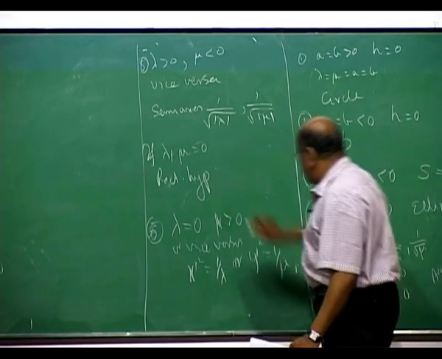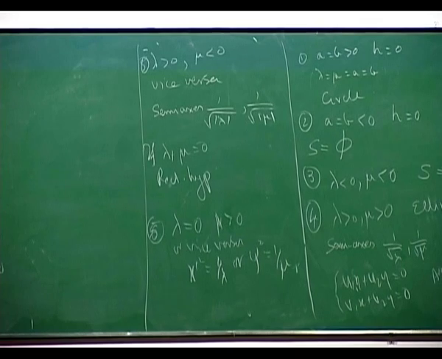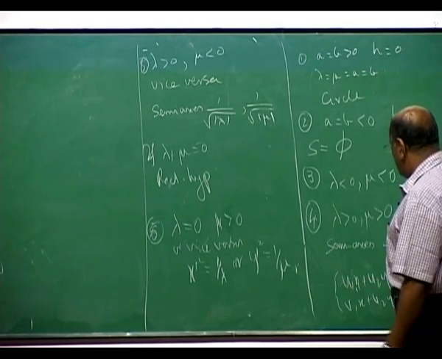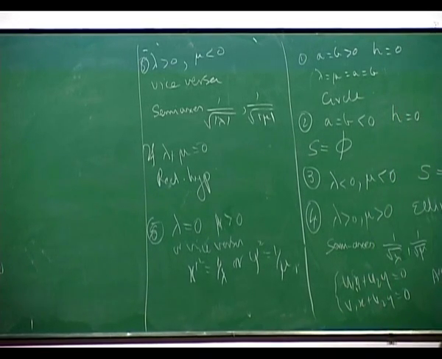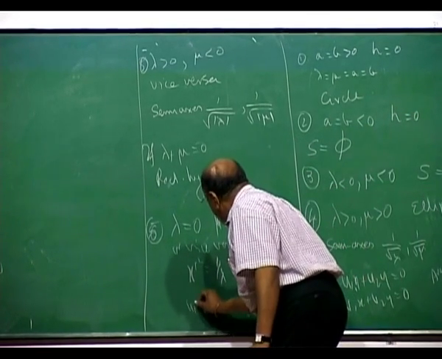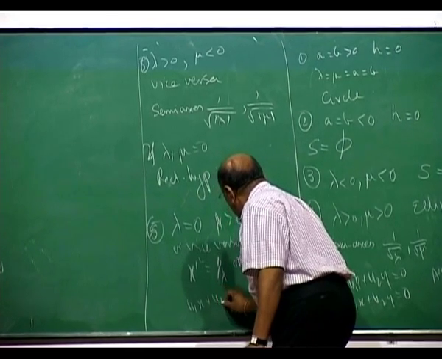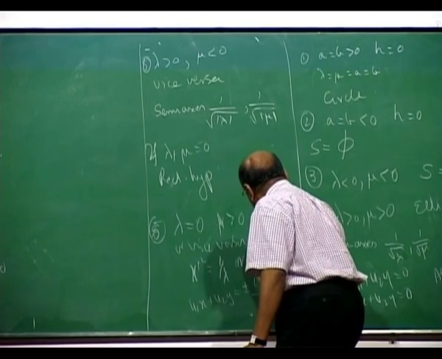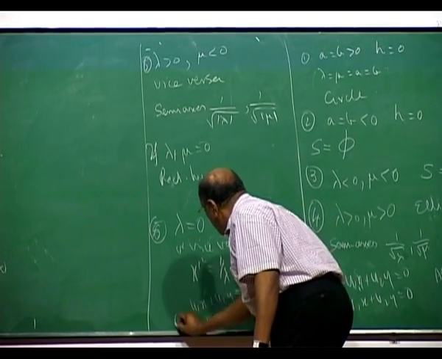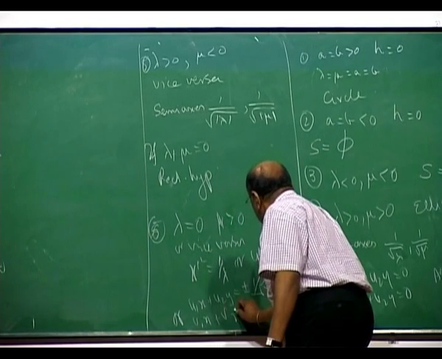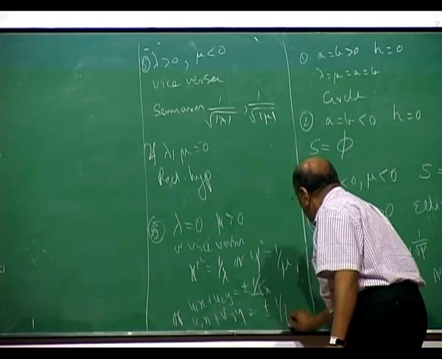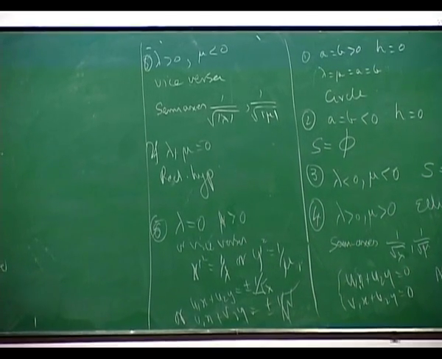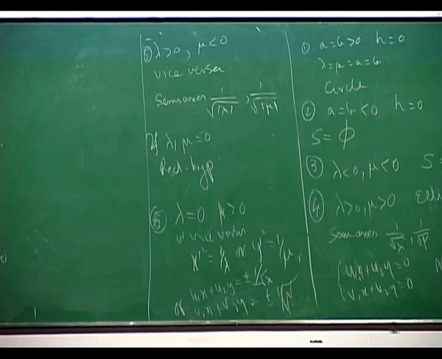Mu should be, of course, positive. That means u1x plus u2y equals plus or minus 1 by root lambda, or v1x plus v2y equals plus or minus 1 by root mu. So these will be the pair of lines which you get in these situations.